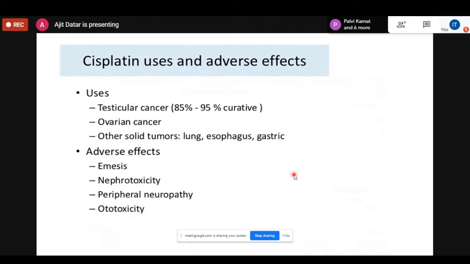This is cisplatin. This is a drug which is used for cancer treatment, ovarian cancer and many other cancers. This has platinum, and this platinum has to be determined. Of course, it has some adverse effects because it is used as a chemotherapy agent.